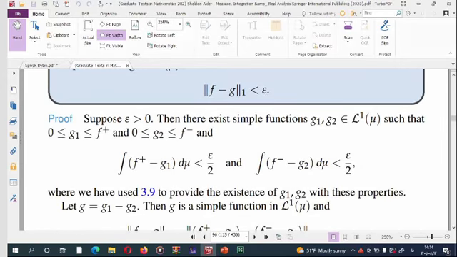Because f plus and f minus are non-negative S measurable functions, for both of these functions there exist functions g1 and g2 with these properties.